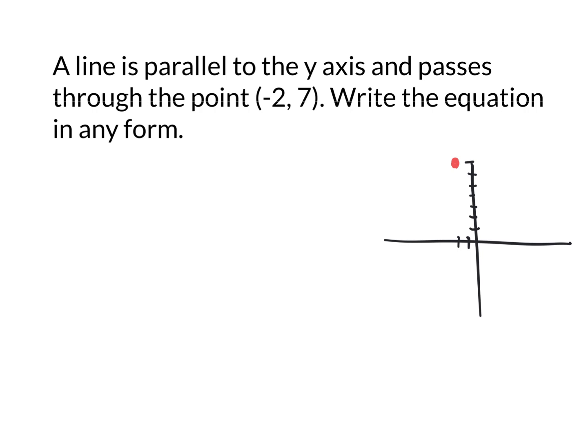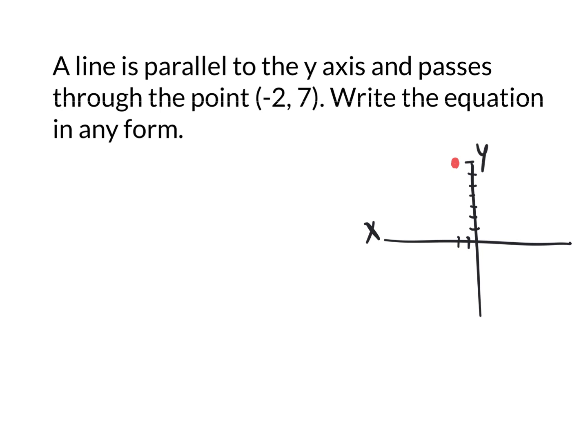They don't give us a slope, but they do tell us that the line is parallel to the y-axis. So this one is the x-axis, this one's the y-axis. What does it mean to be parallel? That it's never going to cross, never going to intersect, has the same slope. So what slope does this y-axis actually have? It's a vertical line.